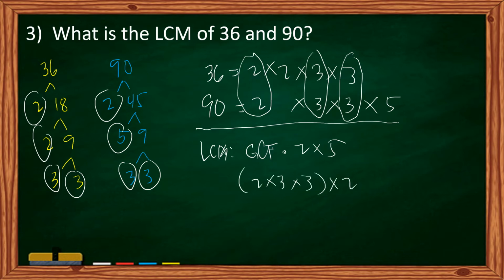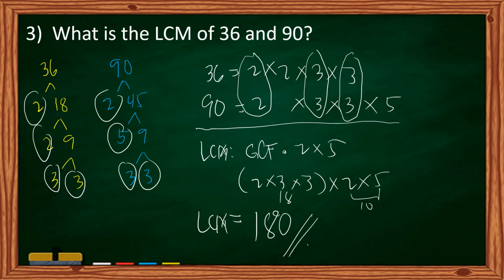So times 2 times 5. So if you're going to multiply the numbers, so we have 2 times 3 is 6, times 3 is 18. Then, so if this is 18 and this is 10, so 10 times 18 is 180. So therefore, the least common multiple is 180.